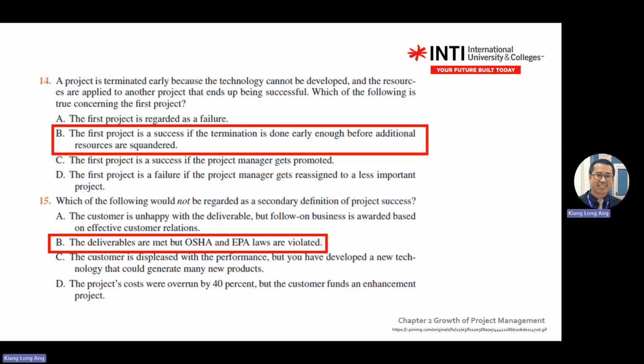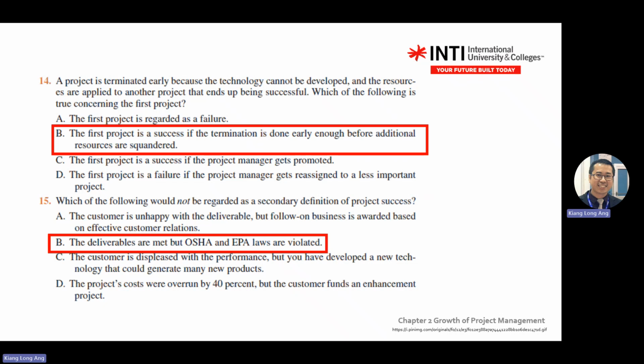Question 15 is a bit tricky in the wording. If you read carefully, it actually asks which one is not regarded as success, as secondary. So the first one: customer unhappy with the deliverable, but follow-on business is awarded.